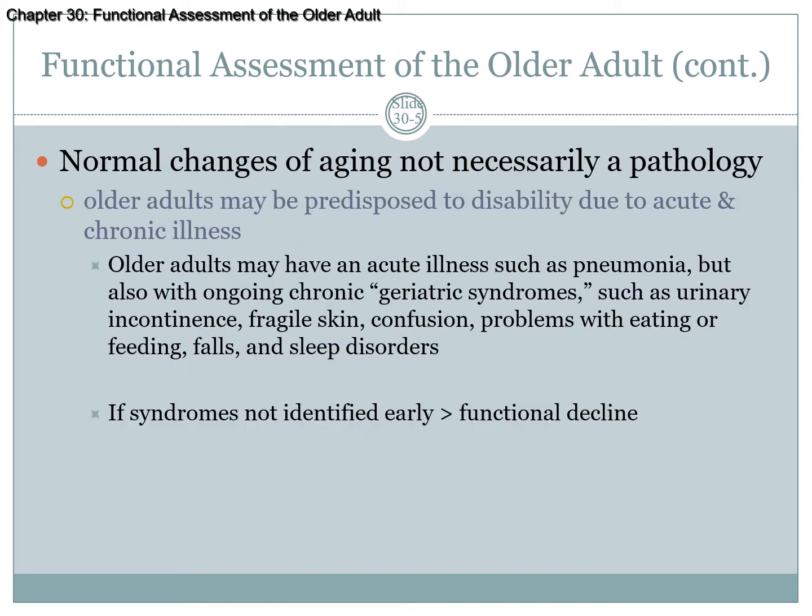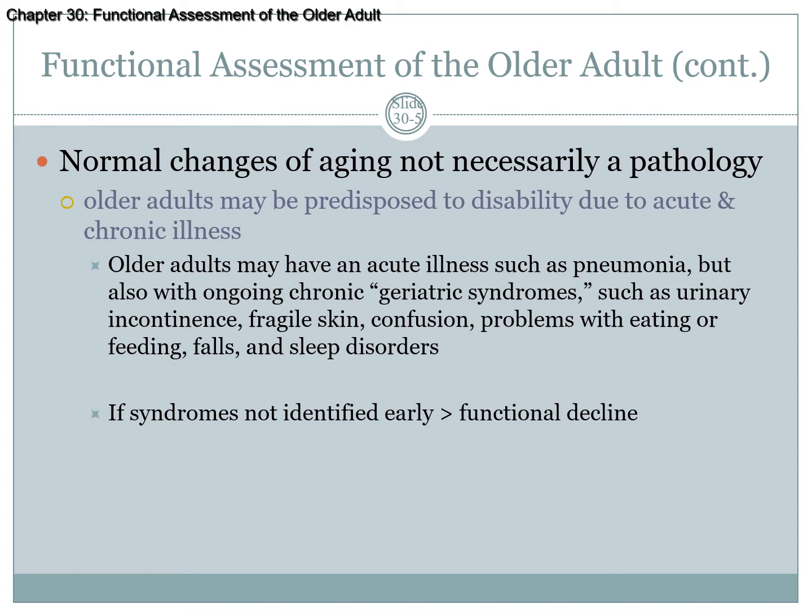Now, normal changes when a person ages are not necessarily because there's a problem or a pathology, a disease process going on. It's just the normal changes that occur as the person is getting older. You recall all the chapters we've been through that discuss developmental changes in the older adult, right?